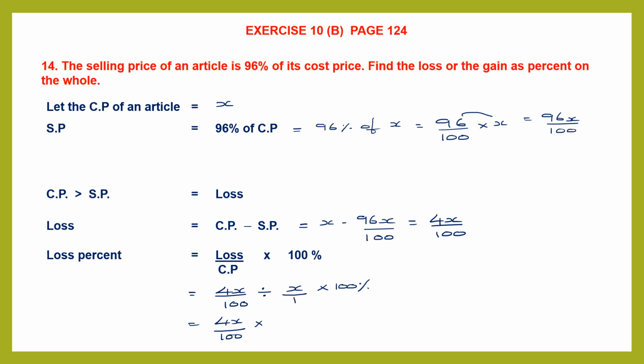Now this is X by 1, which becomes 1 by X. Then we multiply by 100. Now cancel. I can cancel this X and this X. I can cancel 100 and 100 here. Now remember, this is 100%. So I can cancel the 100. So now what do I have? 4 into 1. And we have the percentage sign. That means 4%. So we have found our loss percent. Our loss percent is 4%. So this is our answer.